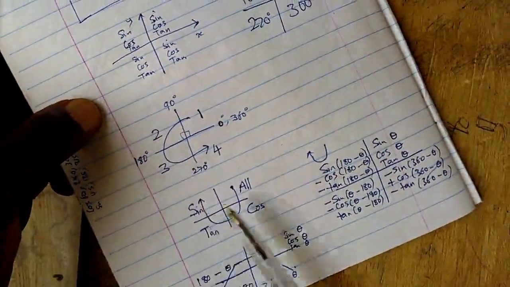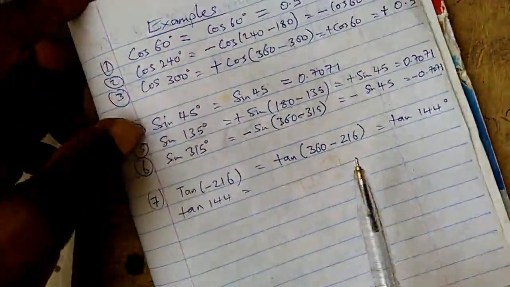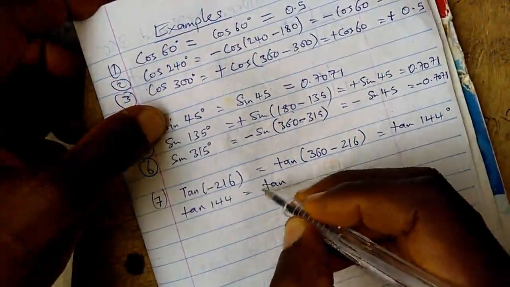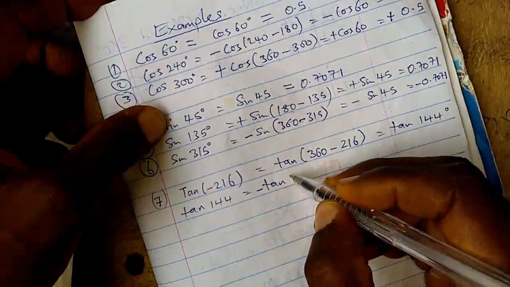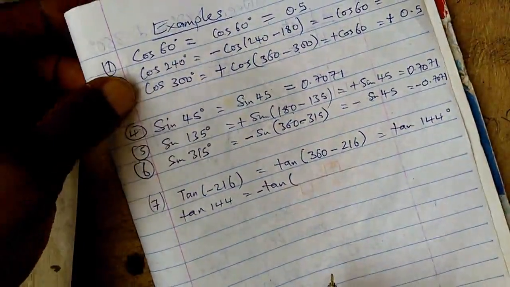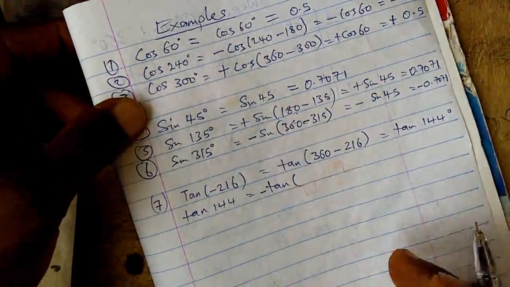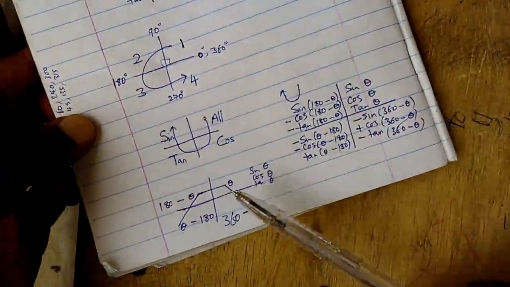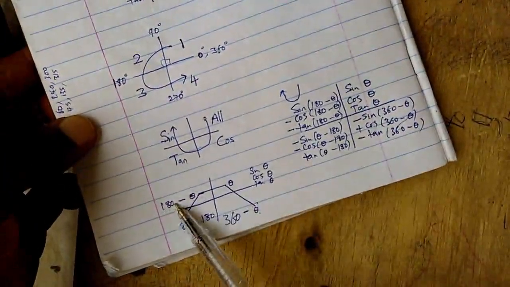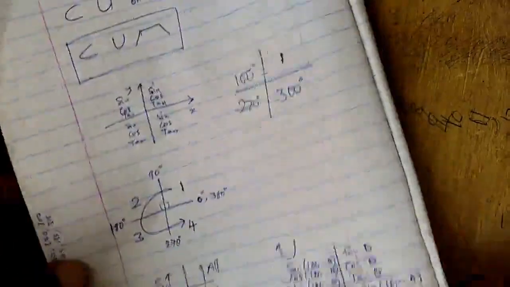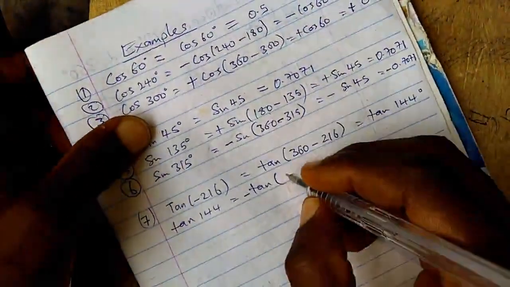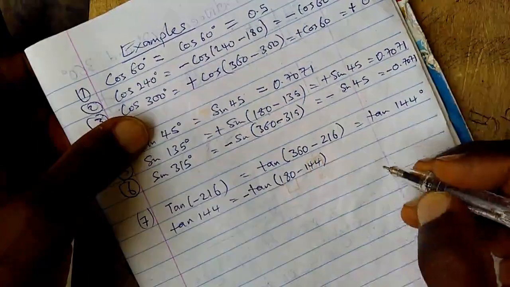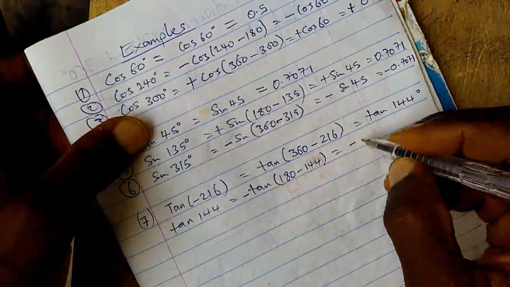So let's go there. 144 is negative for tan. Then that will be the next thing you find out. What do we do with this 144? If it is found in the second quadrant, it's going to be 180 minus 144, and that will be minus tan.